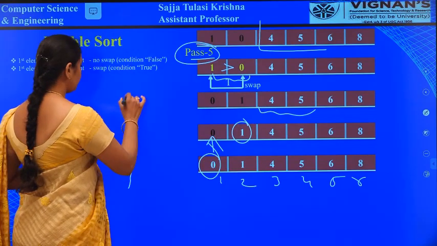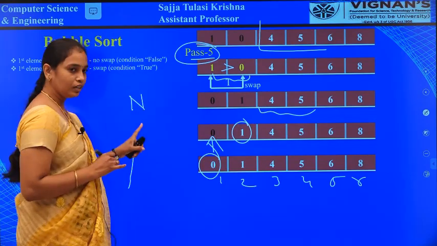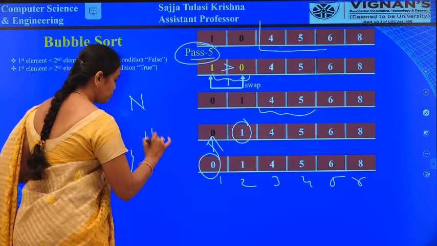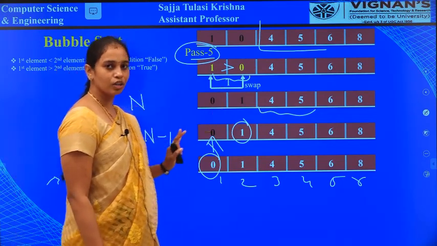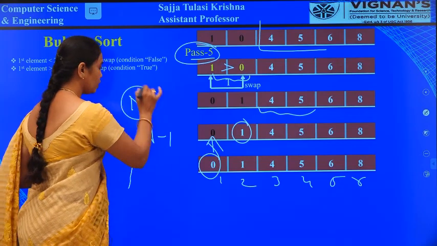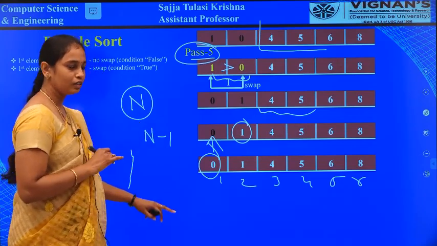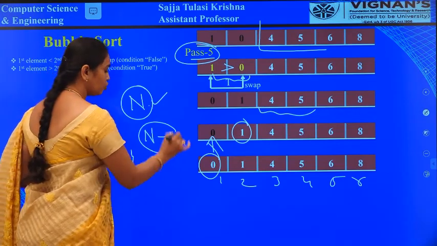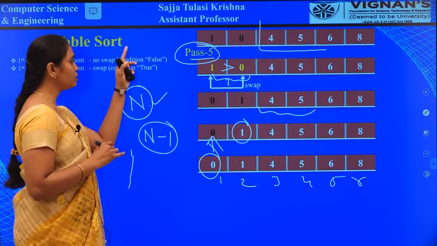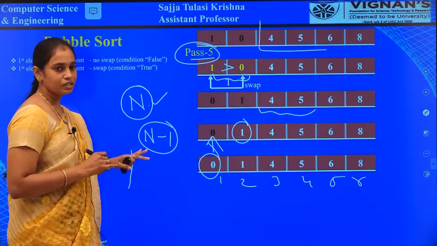That means if n elements are present in the array, n minus 1 passes are needed to complete the sorting. This is the important one. How many elements are there in the list? N elements. How many passes do we have to take to complete the sorting? In bubble sort, n minus 1 passes.